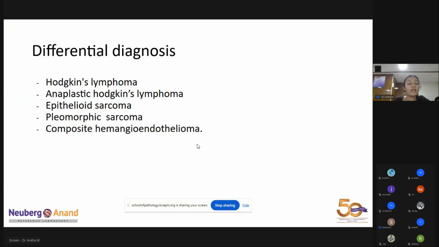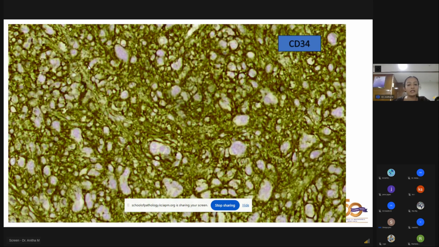Okay. So we went ahead and did CD34 along with S100, Desmin, and KI67 as the initial panel. This was CD34, which showed diffuse membranous positivity. As you can see, these are the tumor cells, and this is the membranous positivity. So what do you think it could be at this level?